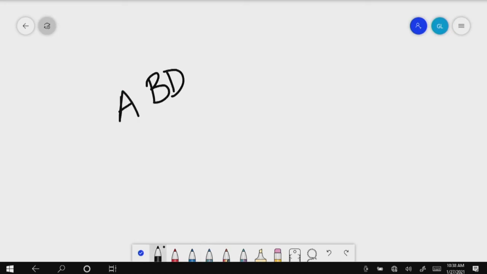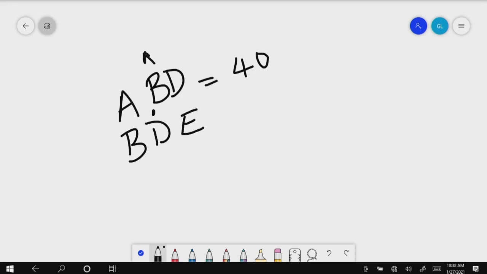Yes, we can. We can find them because we know angle ABD is equal to 40 degrees, but we don't know angle BDE, which is the required angle. But when we add the two of them, it's equal to 180 degrees.